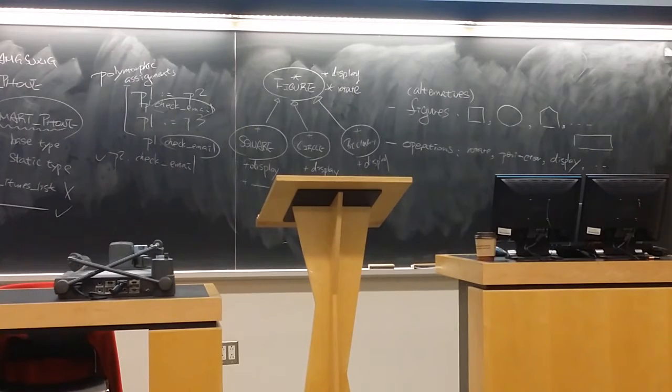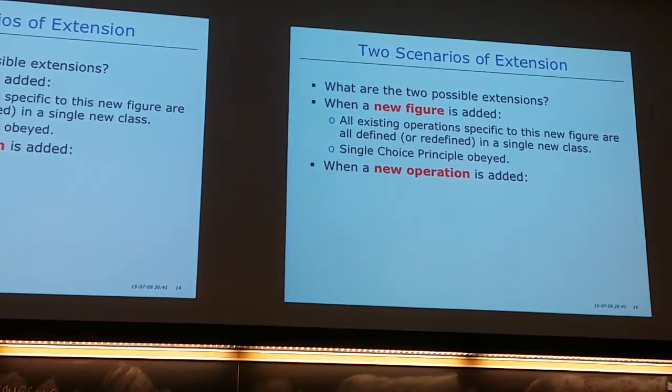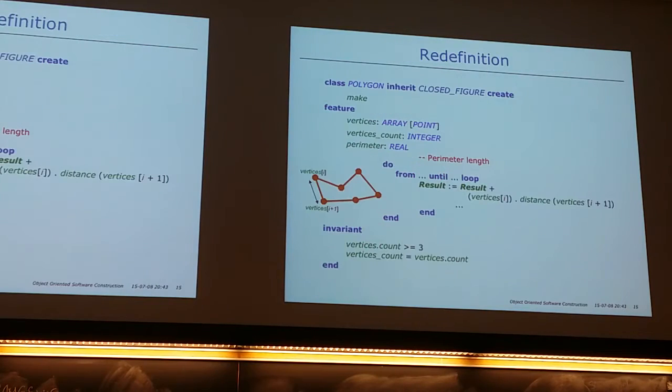Which one would violate the single choice principle, and why? That should be considered an easy question, I believe. I'll write it for you. These are exactly what I said in the example, so please make sure you understand the example, and then you can read through the descriptions again.